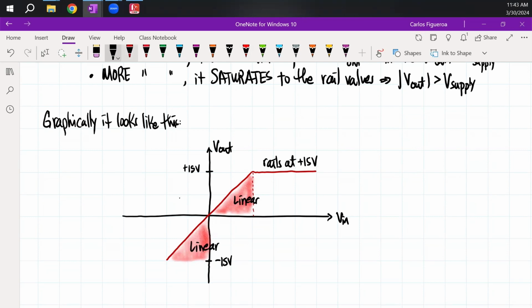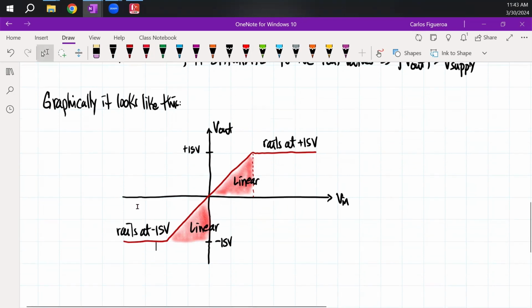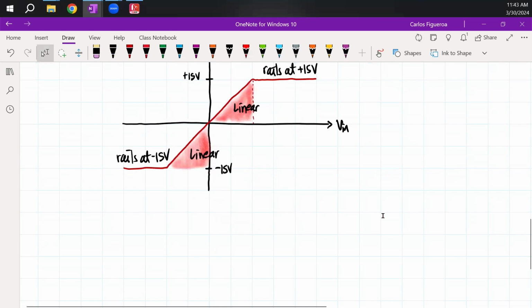But if I try to exceed it, then we say that it rails at negative 15 volts. So that's what we mean when this happens here. And I think that graph is pretty important.